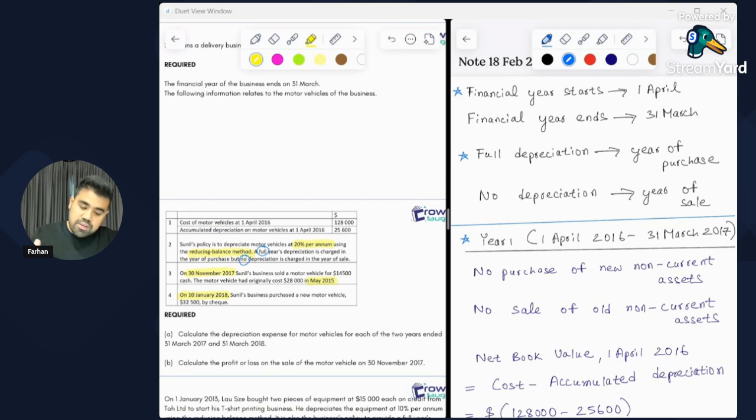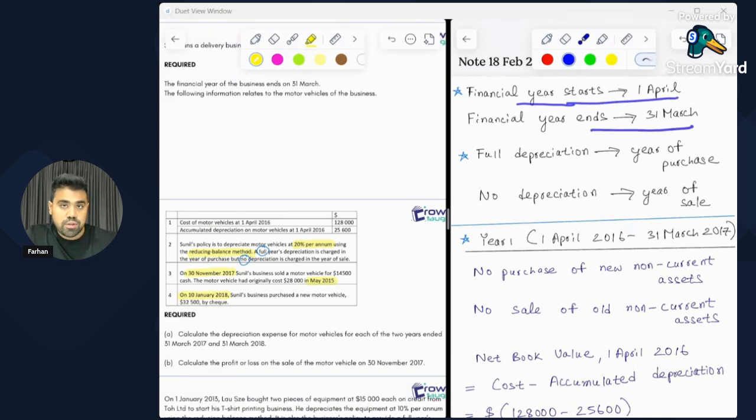All right, so let's start with the first part of the question, which is to calculate the depreciation expense for each of the 2 financial years ending 31 March 2017 and 31 March 2018. So just to give you a quick recap of the question. We know that the financial year starts on 1 April and ends on 31 March.